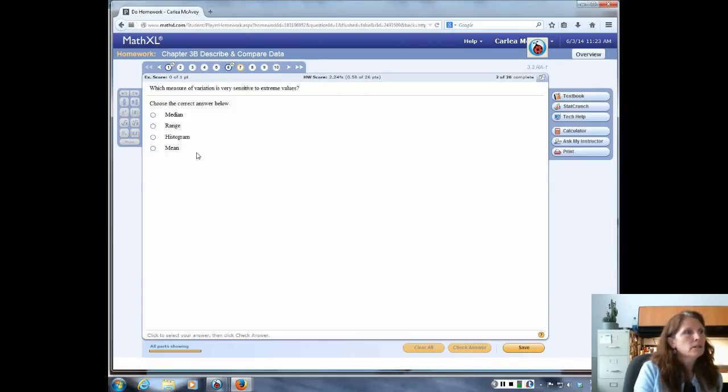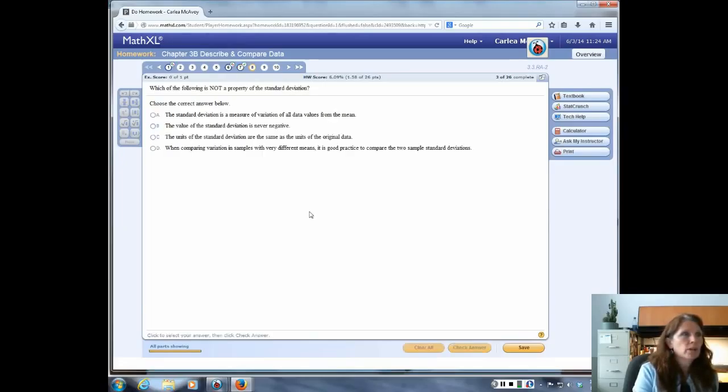Mean and median are measures of central tendency, right? So those are the central measurements. So really just the range is the only one, and it's very sensitive because you're only looking at the very highest and the very lowest. If you have extreme values, it's just going to throw that off wicked. So that's why we don't like to use range very much.